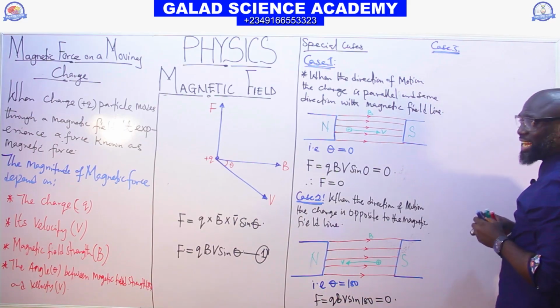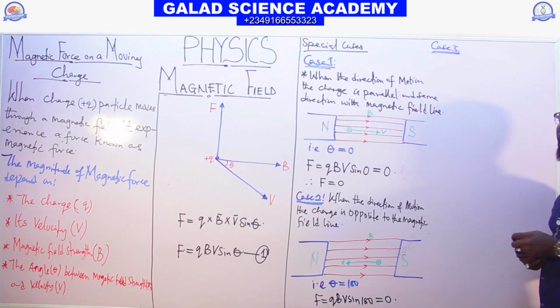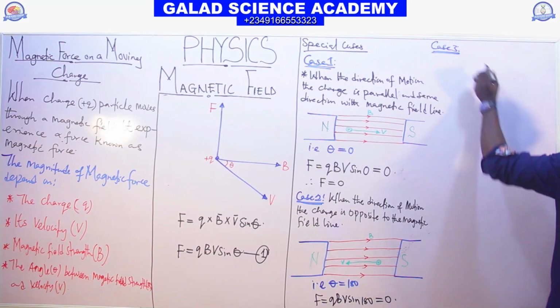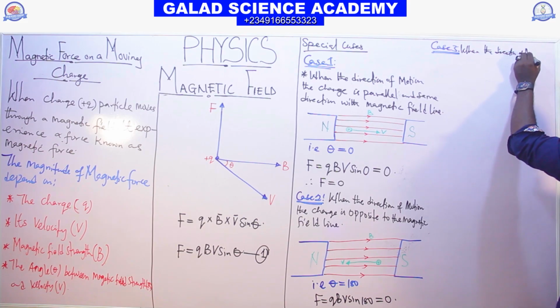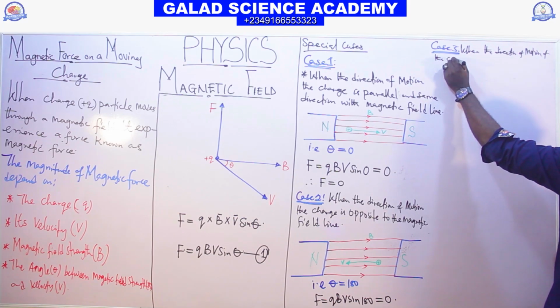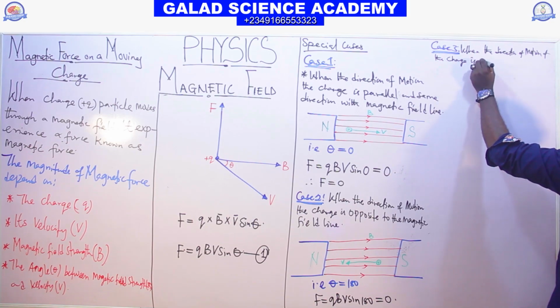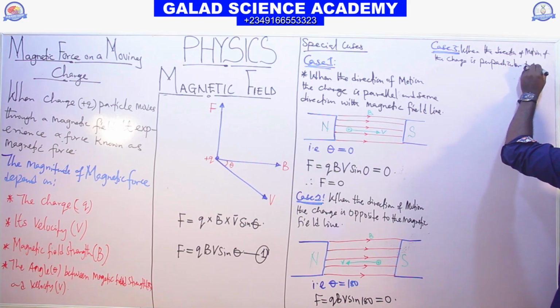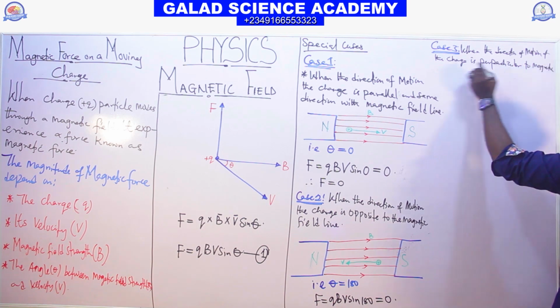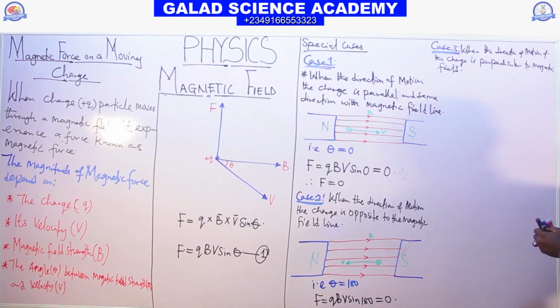Case 3 states that when the direction of motion of the charge is perpendicular to the direction of the magnetic field. Yes, case 3 states: when the direction of motion of the charge is perpendicular to the magnetic field.